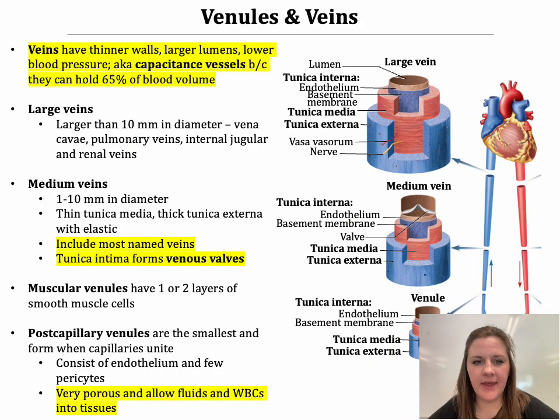So in general, veins have thinner walls, thinner tunics, and larger lumens. Veins don't really retain their shape very well. When you look at an artery, it looks like a nice tube, the lumen really retains its shape. It's nice and circular. With a vein, it tends to be collapsed. That's due to the fact that they are thin walled with a large lumen.